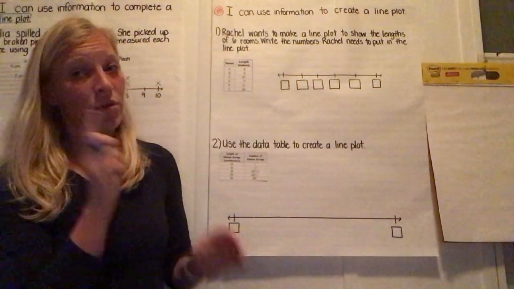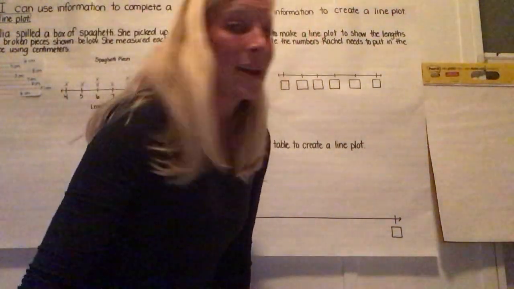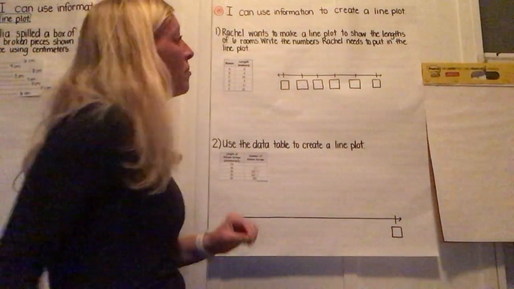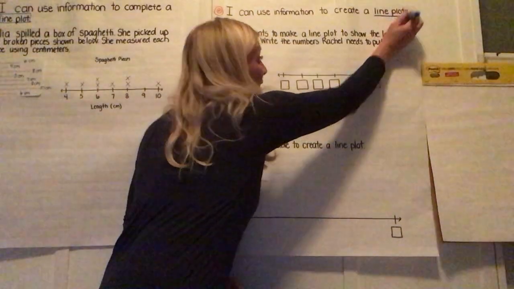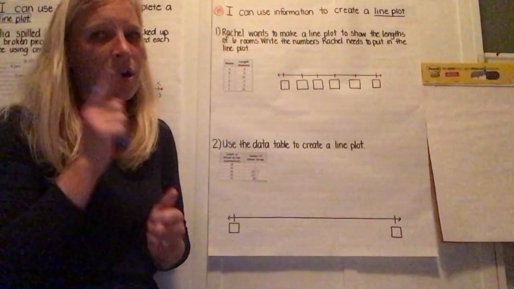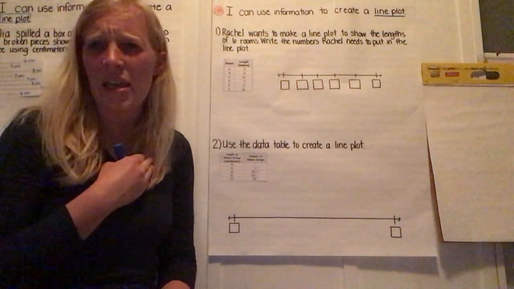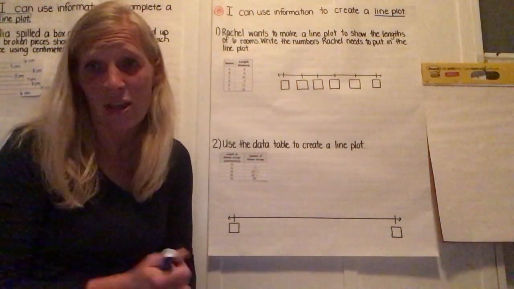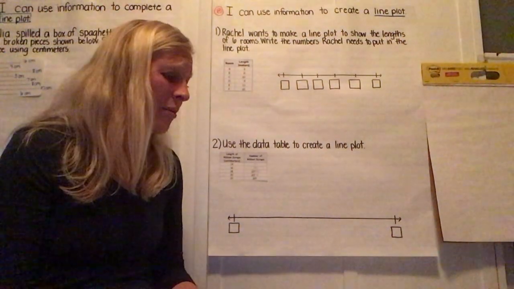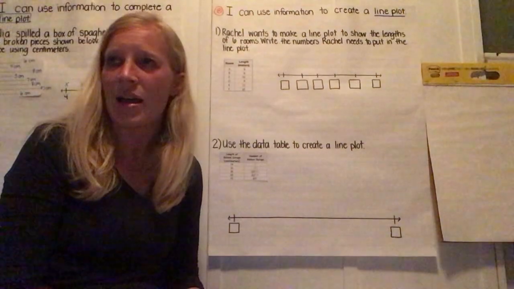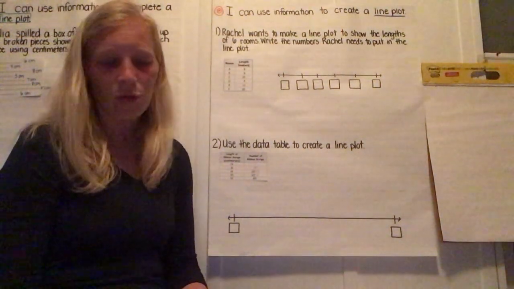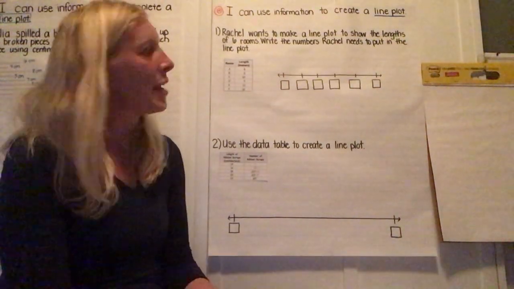So, to give you that little reminder, a line plot is a way to organize a group of measurements. This line plot looks very similar to a number line, but there are a few differences. To me, it reminds me a lot of a graph that we used earlier in the year when we were collecting information about our classmates and about different objects and things around our room or around our world, okay?